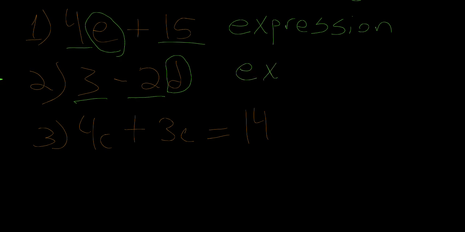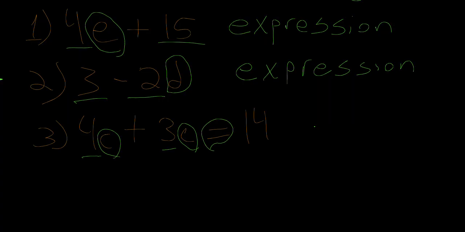And again, we have an expression, no equal sign. All right, now for question number 3, we have 2 constants and 2 variables. Now we do have an equal sign, so this is an equation. And we also have 14 over here, which we could consider a constant.